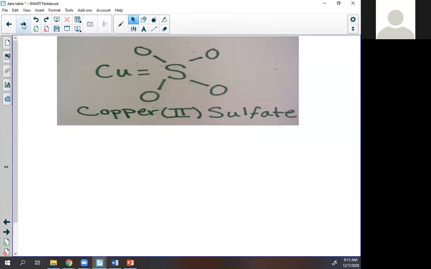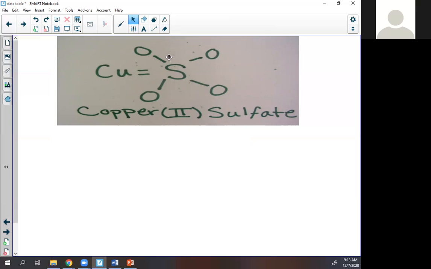No, not at all. All right, this one is called copper 2 sulfate. So here's your name, here's your structure. All right.